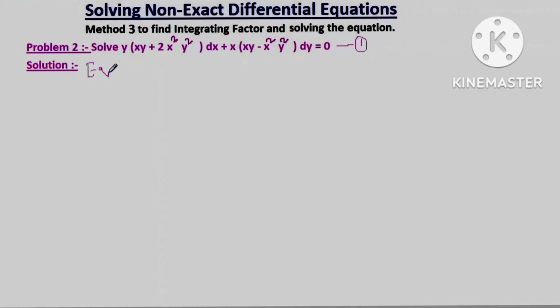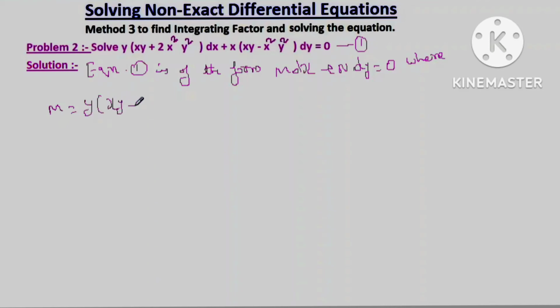Equation 1 is of the form M dx plus N dy is equal to 0, where M is equal to y(xy plus 2x square y square) and N is equal to x(xy minus x square y square).